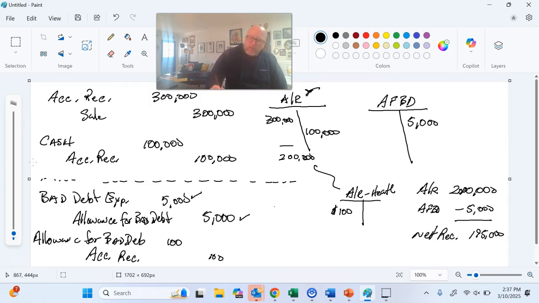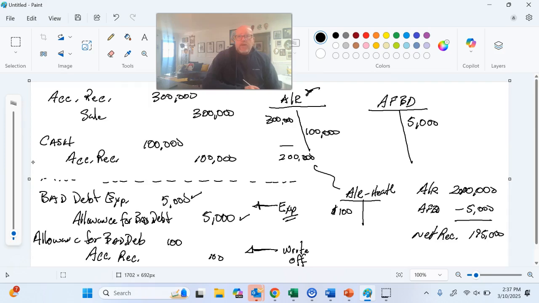First, we do not recognize an expense at the time that we write off a customer. The write-off is the second journal entry. Under the allowance method, we do not recognize the expense at the time of the write-off. We recognize the expense at the end of the period using the allowance account. So again, no expense when we write off a customer.